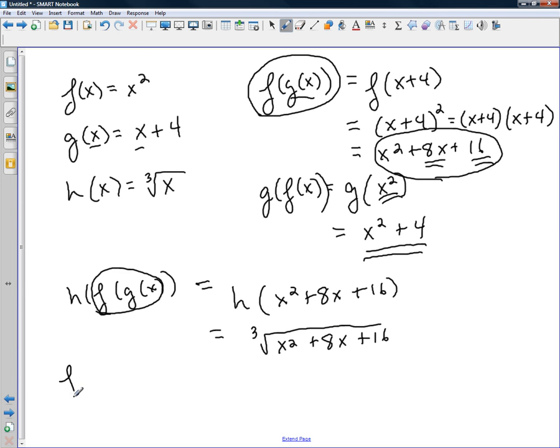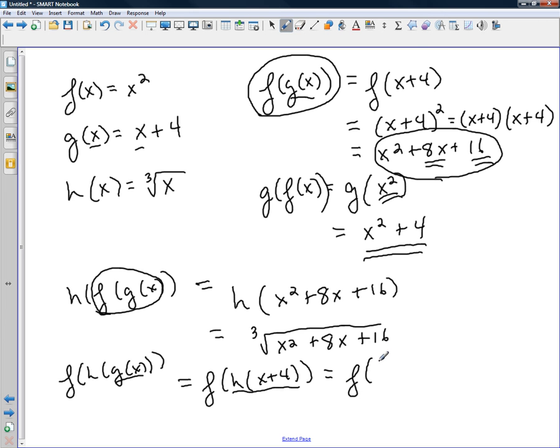Consider if I asked you for f of h of g of x. Go to the most inside, replace the g of x. So we're going to find f of h of g of x, where g of x is simply x plus 4. The h rule, which we'll apply next, the next most inside, says take the cubed root of whatever you've got, so that's f of the cubed root of x plus 4.